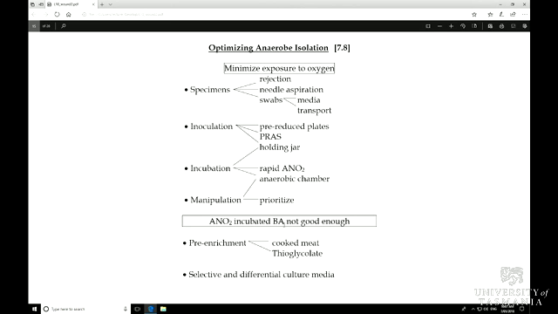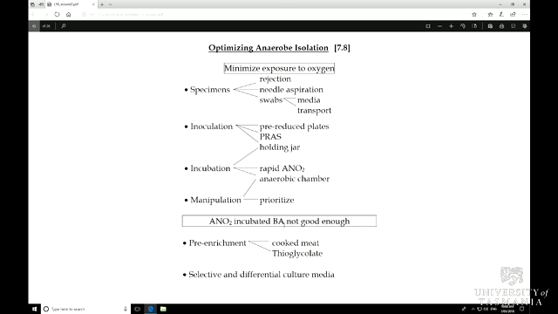So if we think about specimens in general for culturing anaerobes, the first part should be select the specimens that you put anaerobic culture onto and ignore the ones that are useless. So don't waste your time looking for anaerobes in specimens where anaerobes are unlikely or are normal flora.